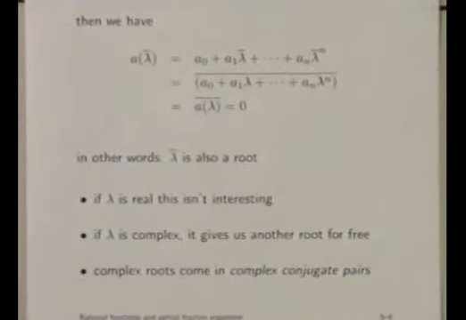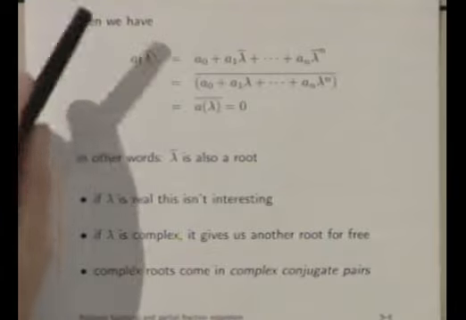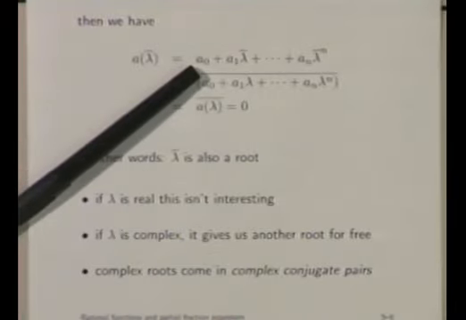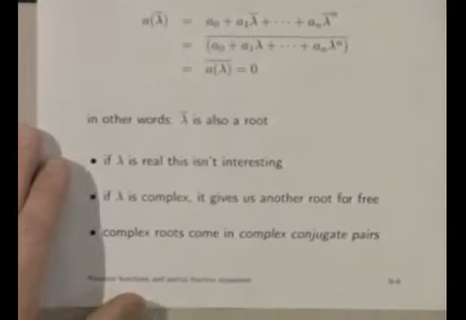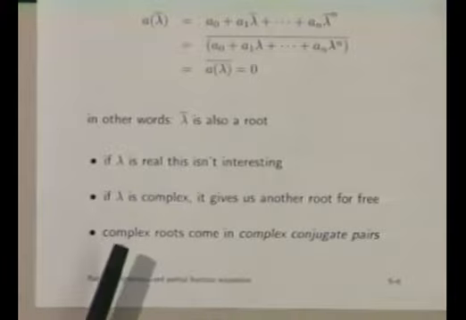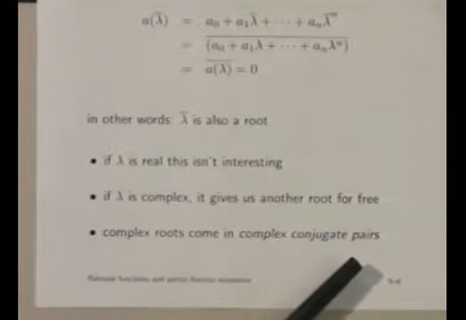In other words, if you find that 1 plus j is a root of a polynomial, so is 1 minus j. Again, this is all assuming the coefficients are real, which they are almost always, but in fact, not always. So there are cases where the coefficients are complex, and then this is all just not right. So people say that complex roots come in complex conjugate pairs.